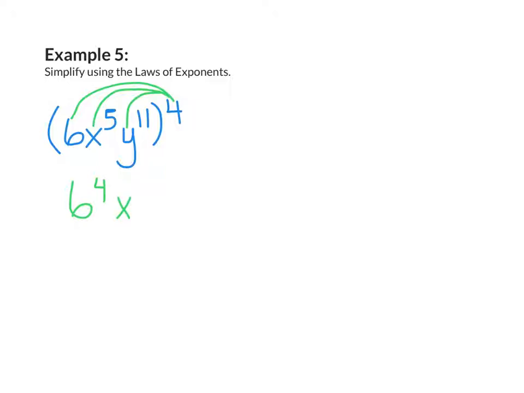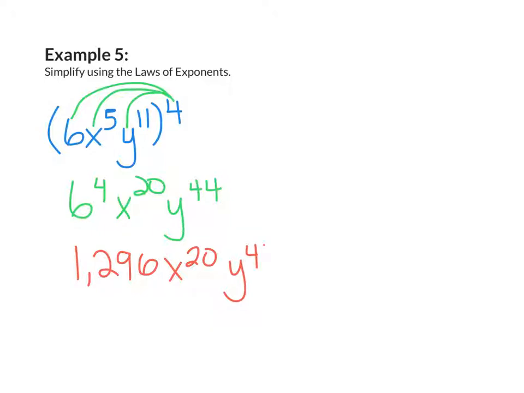And then x will be 5 times 4, which gives me 20. And for the y, it'll be 11 times 4, which gives me 44. However, I can still simplify. 6 to the power of 4 is going to give me 1,296. And then I will still have x to the power of 20 and y to the power of 44.